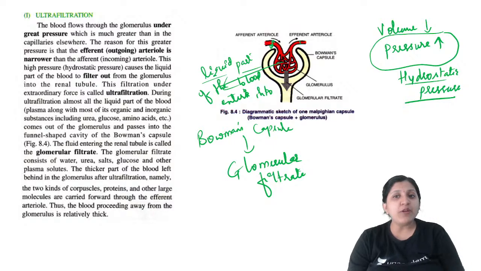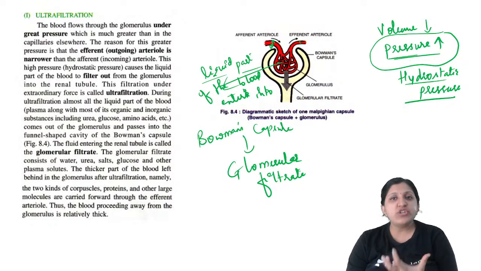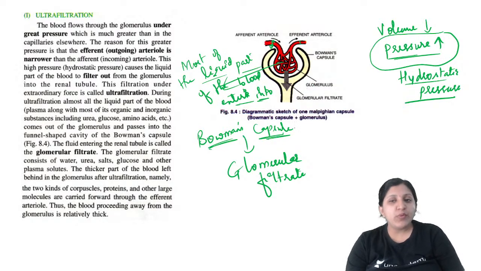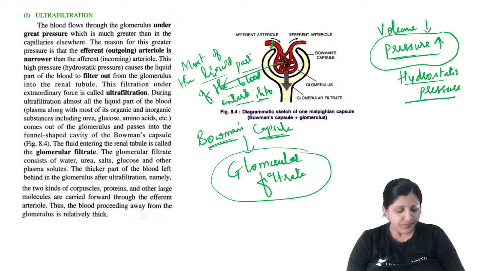Because of the narrow diameter, a higher hydrostatic pressure is built up, and the liquid part of the blood enters the Bowman's capsule as glomerular filtrate.